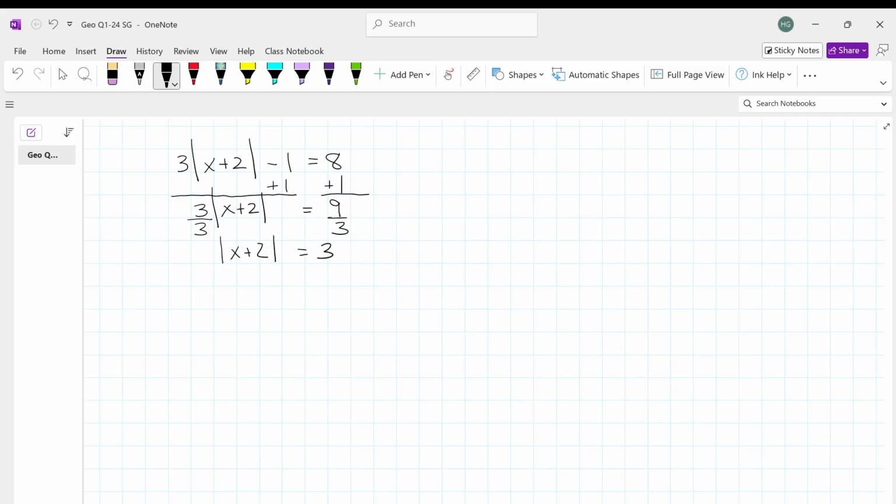When we get here, we rewrite the equation twice, and we drop the absolute value symbol. So we rewrite it the first time just the way it is. x plus 2 is equal to positive 3. And then we rewrite it. x plus 2 is equal to negative 3.